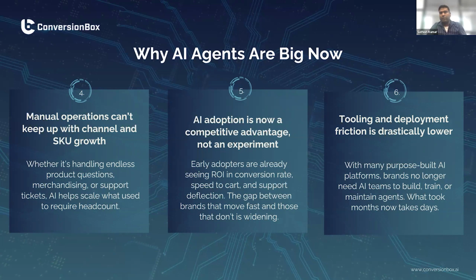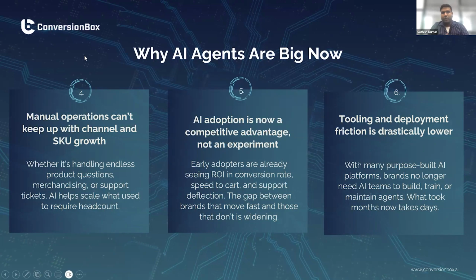At least 2 years back they were doing it, but now AI agents are mainstream, so they see this as an advantage. And it is super easy to build nowadays compared to a few years back. The cost of building an AI agent, deploying it, and seeing the result is much cheaper than it used to be.